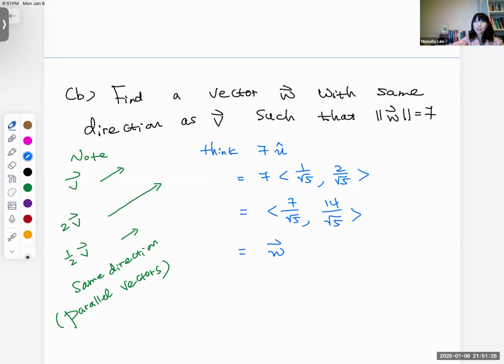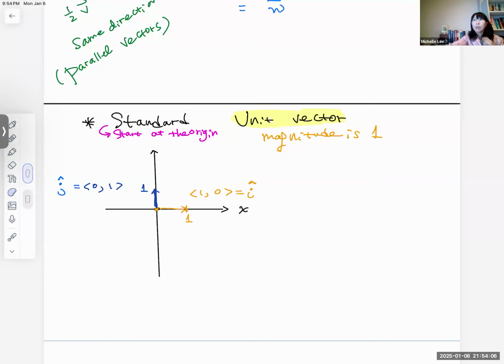Okay, standard unit vector. So we had a standard vector earlier, right?